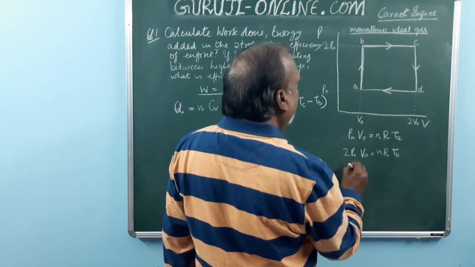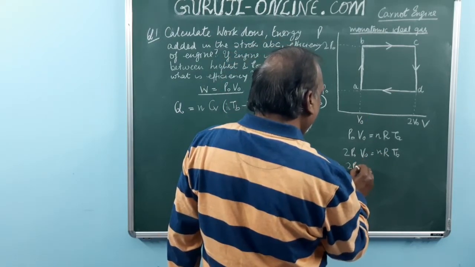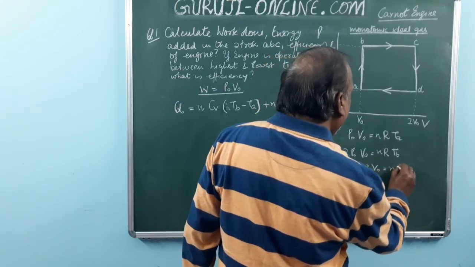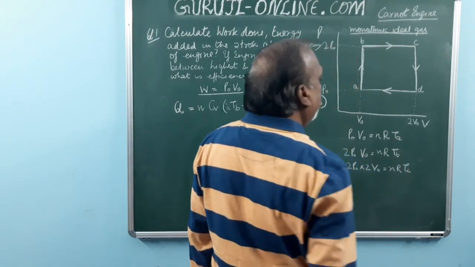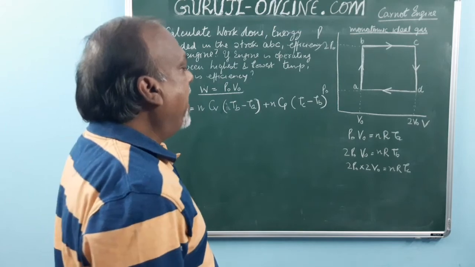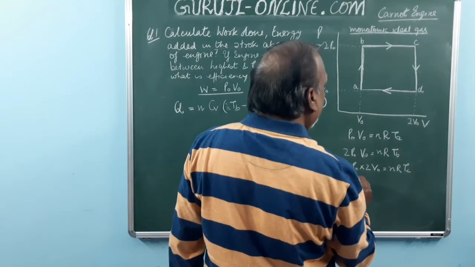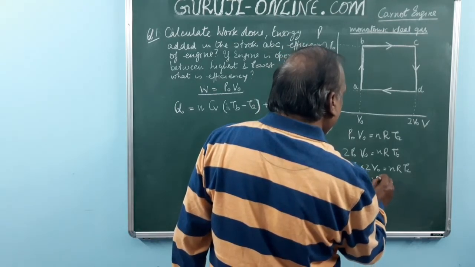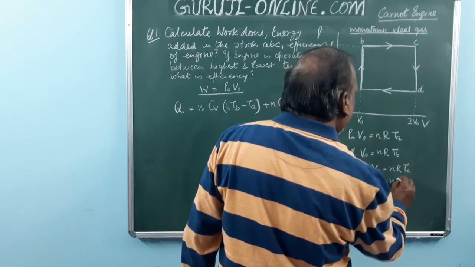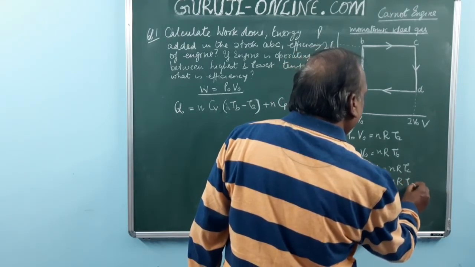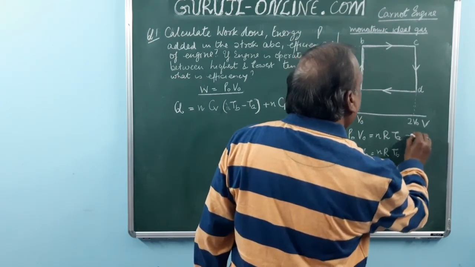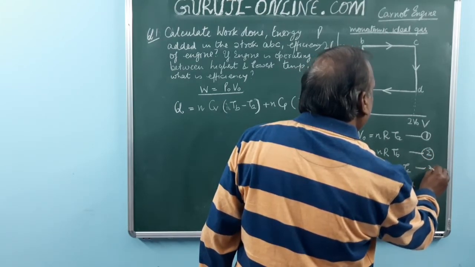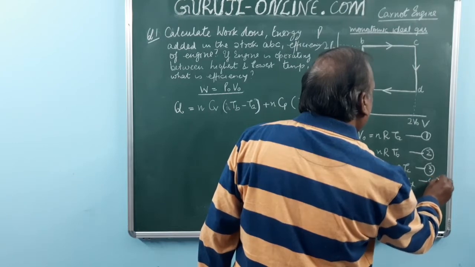For C, it will be 2P0 into 2V0 is equal to N R TC, and for D point, it will be P0 into 2V0 is equal to N R TD. This is 1, 2, 3 and 4.